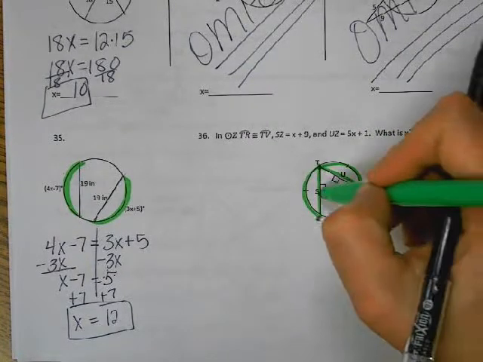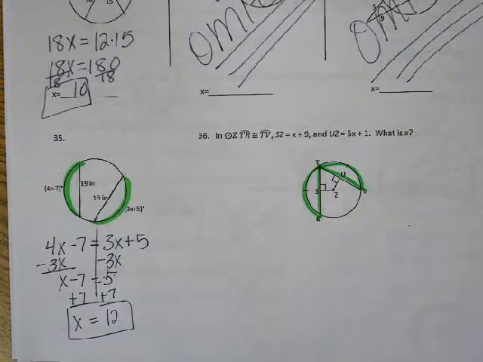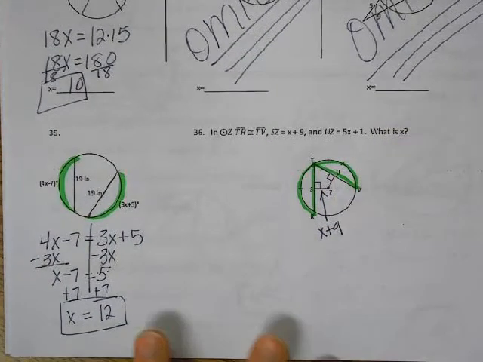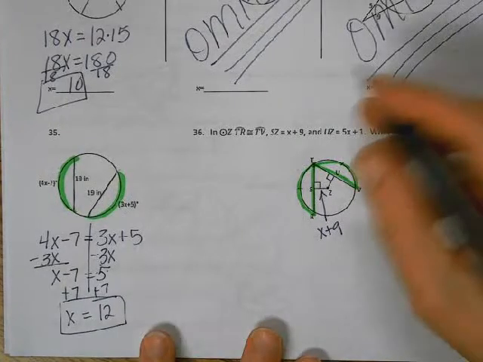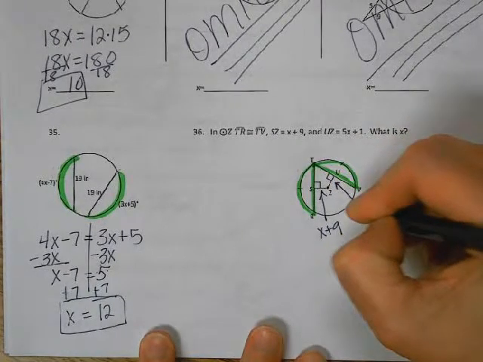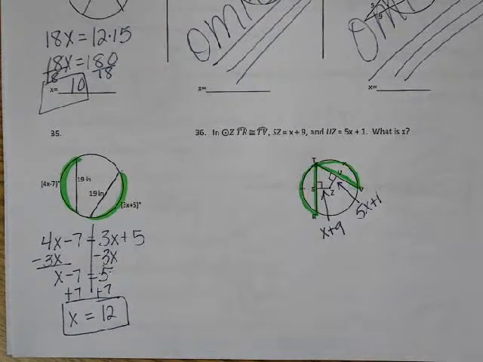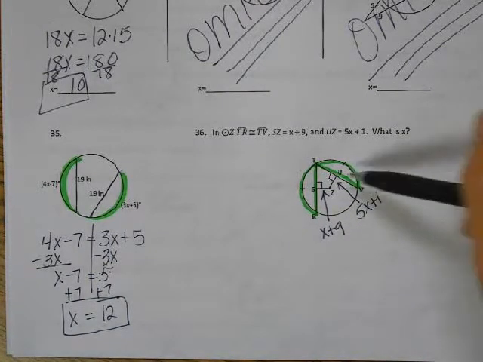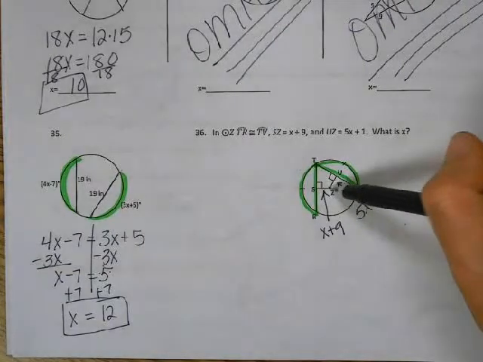Then it says that SZ is x plus 9 and UZ is 5x plus 1. Okay? So what we've seen in these examples that we've done in our homework is that this little part here is going to be congruent to that little part there.